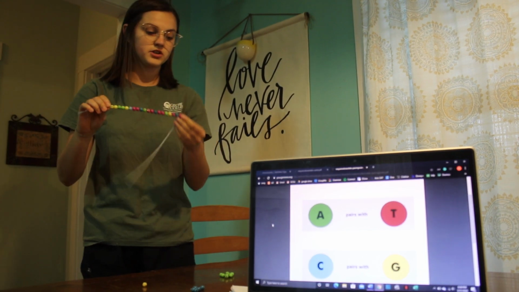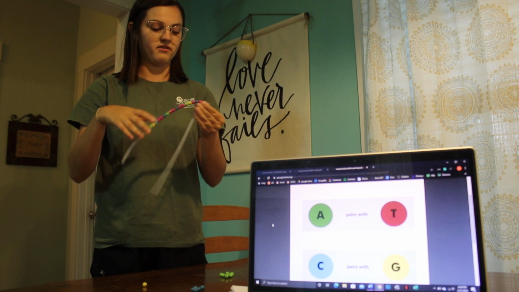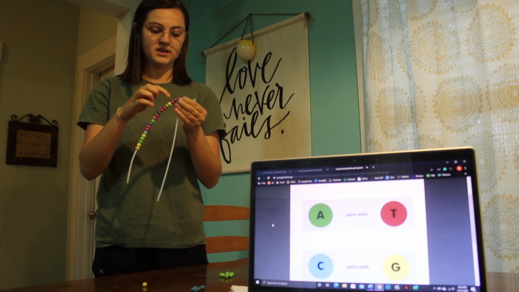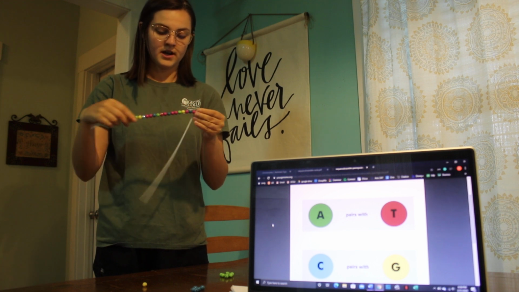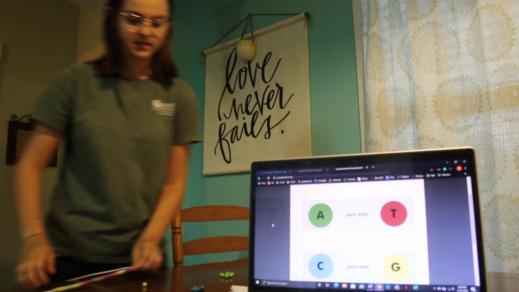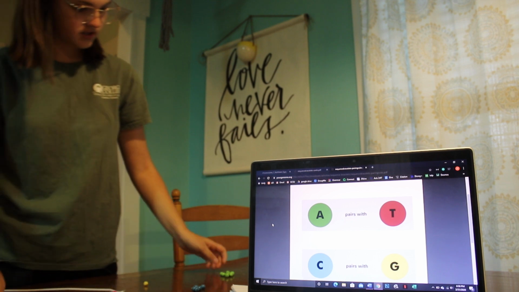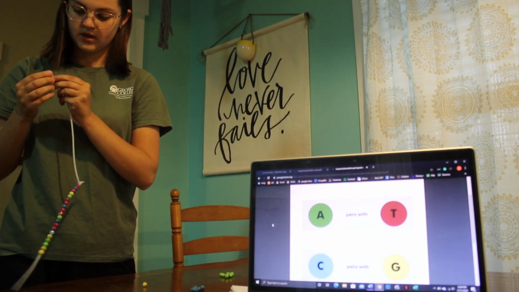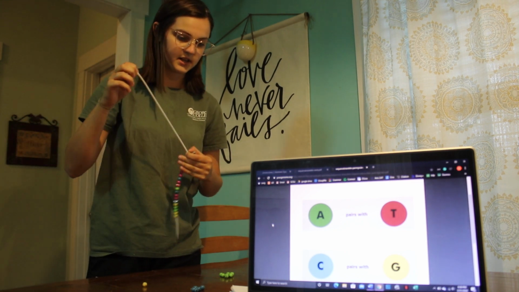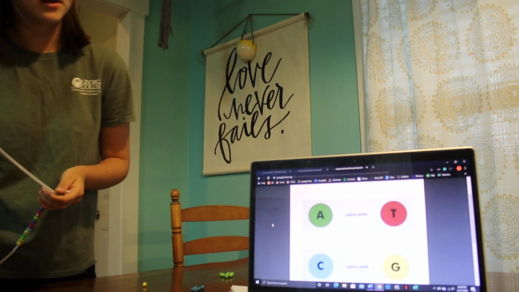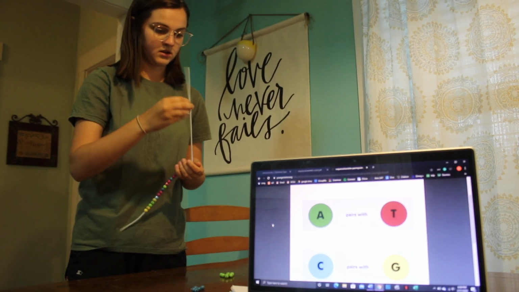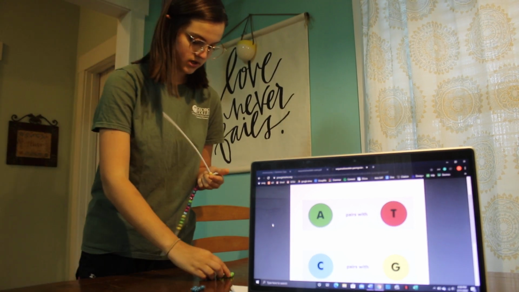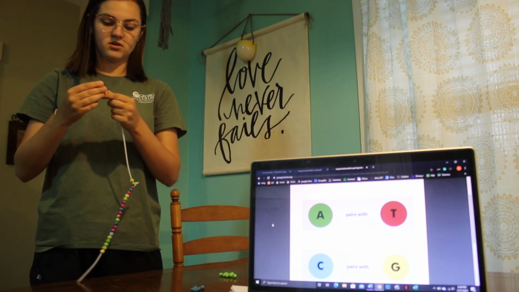So what you're going to do is look at it here, find your different bases, so you have T, C, T, G, A right here, and then you're going to match it up. Let's say T matches with A, so you would get a green and match it with the T and put it on there, and then C matches with G, so you will take your yellow and put it on there, and so on and so forth, and you'll go all the way until they're finished.